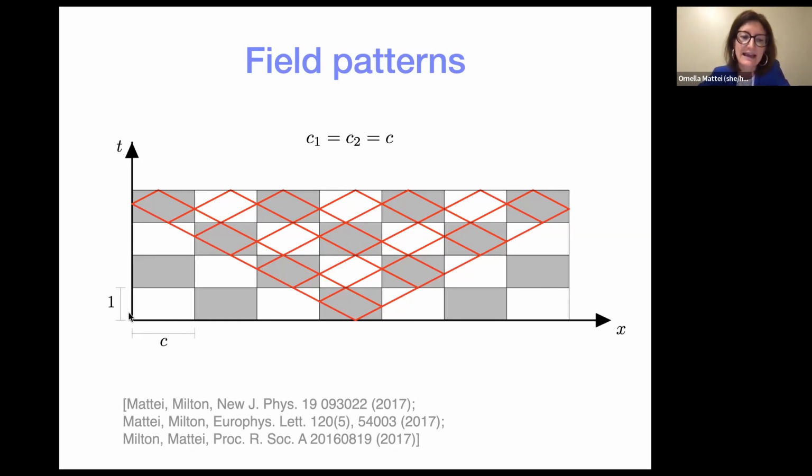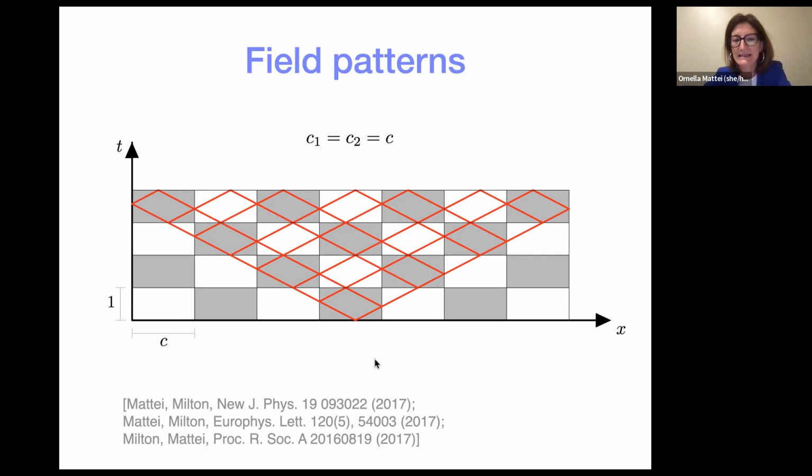So you see here that if the time modulation occurs every unit in abstract units, then the width of each rectangle has to be equal to C. And you see that here you do end up with a periodic pattern of characteristic lines, and we call this a field pattern. So now let's make sure that the wave actually propagates at constant amplitude when we send it through a material of this type.